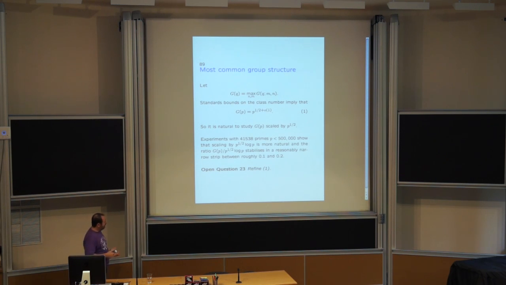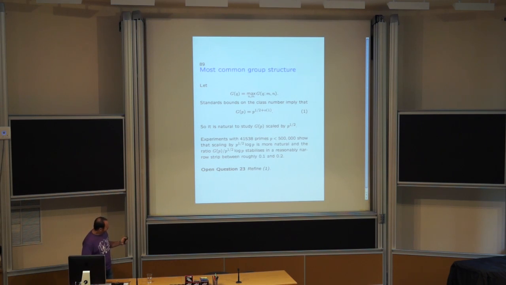So we experimented with primes. We had no idea how to do this analytically. And what we discovered is that, first of all, it's more natural to scale this quantity not by the square root of p, but by log p. So log p is hidden somewhere here. We don't know how and why. And in this case, this quantity stabilizes somewhere in this strip between 0.1 and 0.2.